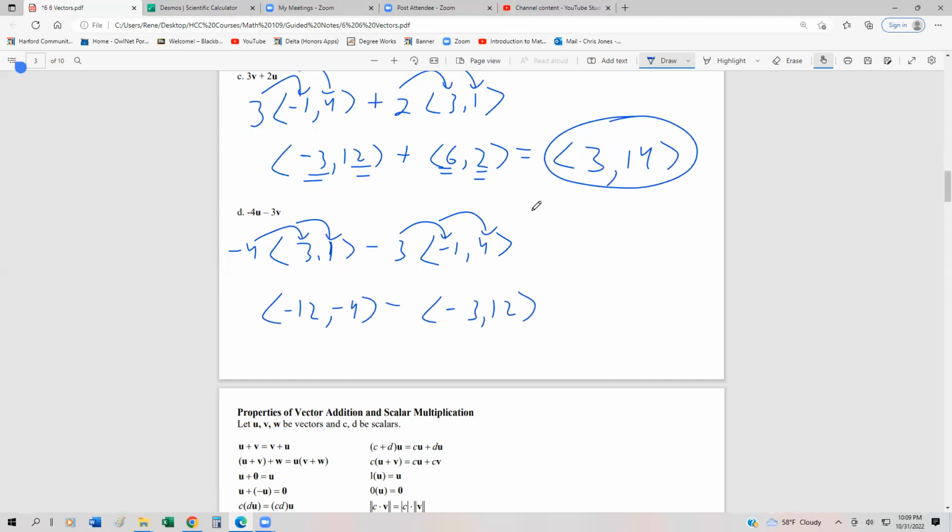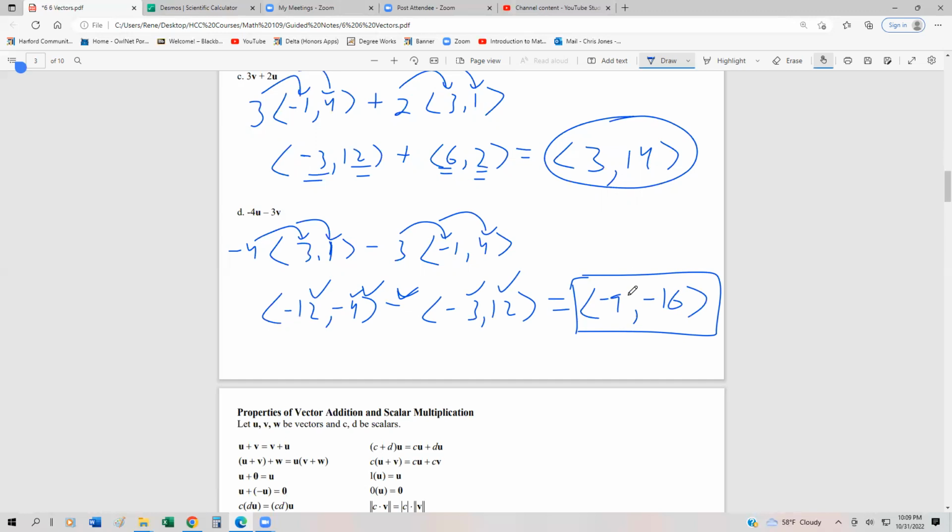And then if we subtract, negative 12 minus a negative 3 is going to be negative 9. Negative 4 minus 12 is going to be negative 16. Okay, so that's all we have to do with vector addition and subtraction and scalar multiplication.